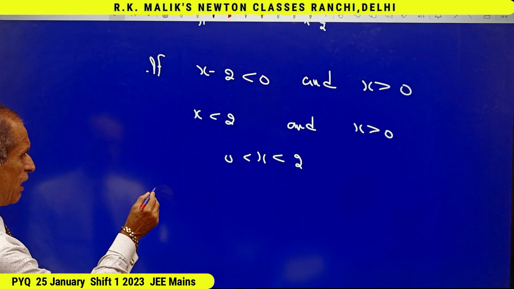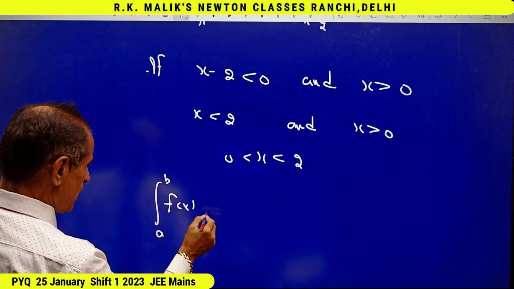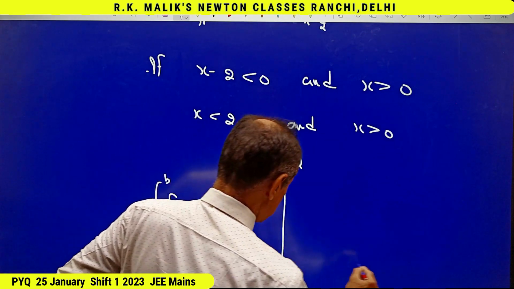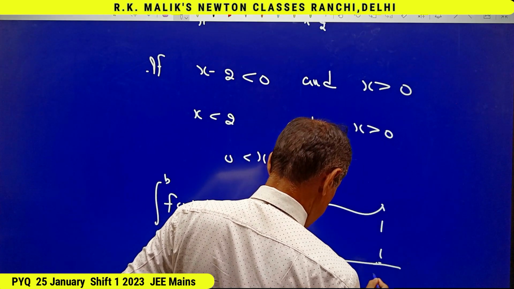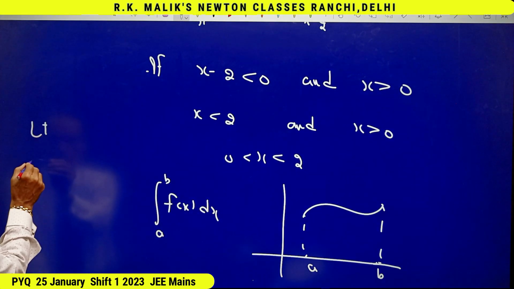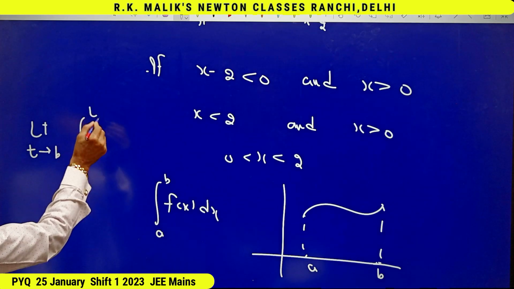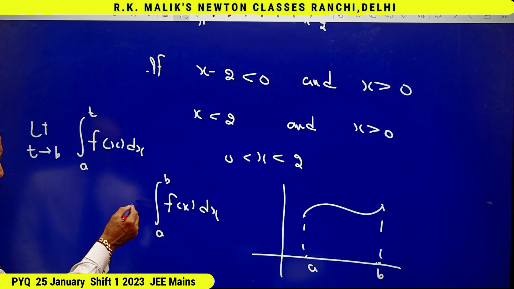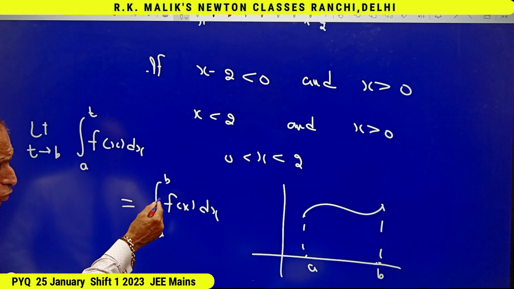To understand this thing, I will say in this way that the integral from a to b of f(x) dx, we know that this represents the area under the curve from a to b. Or if I say limit t tends to b of the integral from a to t of f(x) dx, both are sure to be equal because the only extra thing in it is t equal to b.